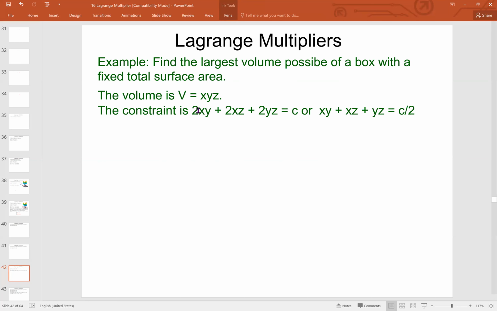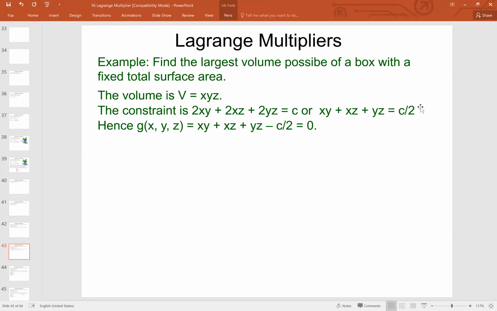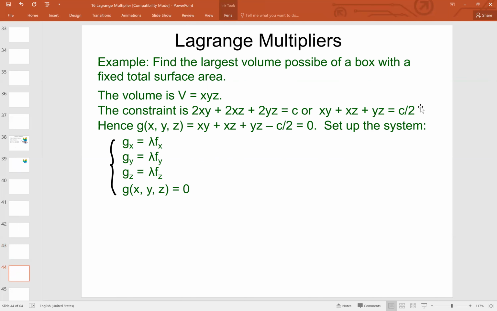So this is the surface area, and we're given a fixed constant. When we take partials, the constant doesn't mean anything. It's going to become 0. Then we set up the system of equations for the constraint and the gradients. Then solve them.